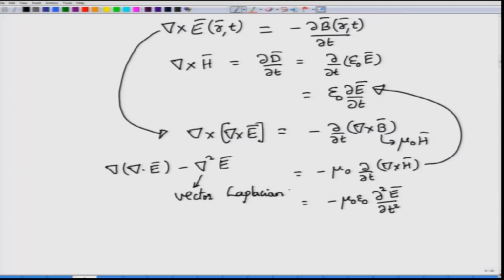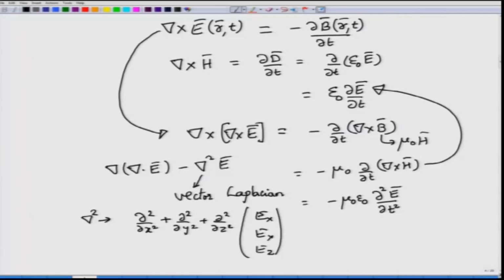In the Cartesian coordinate system that we have considered, this del square becomes del square by del x square plus del square by del y square plus del square by del z square. And these operators have to operate independently on Ex, Ey and Ez.